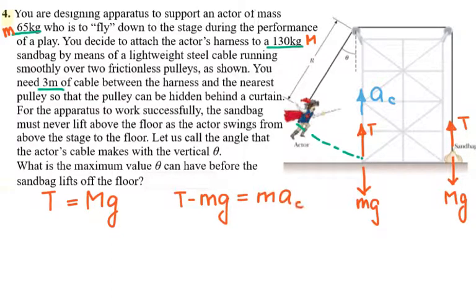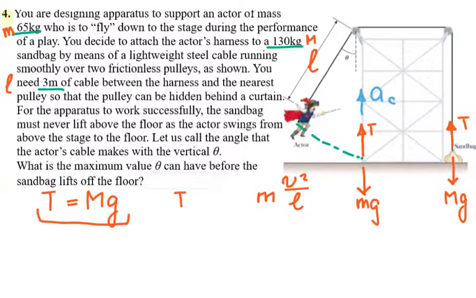mac. And instead of mac, I can say mv squared over r. R is the length of the rope, so I'm going to call it L, which is given as 3 meters. So instead of r, I can plug in L. The first equation is already solved for T, so I'm going to solve the second equation for T, or just move mg to the other side.